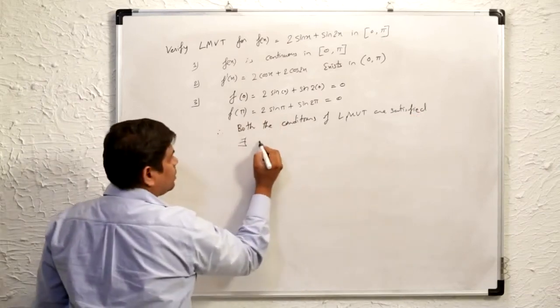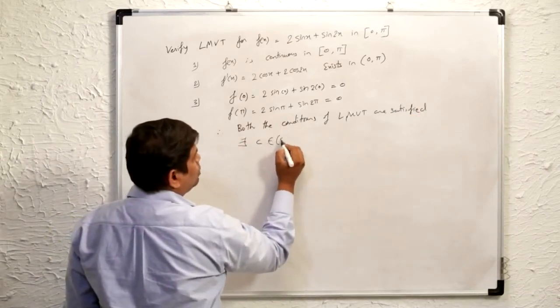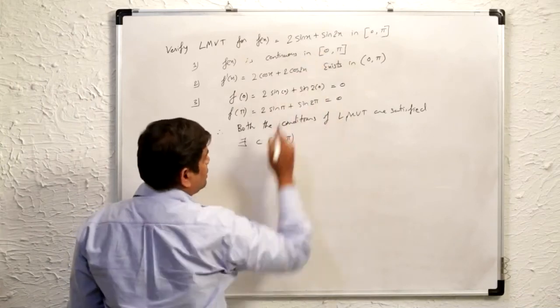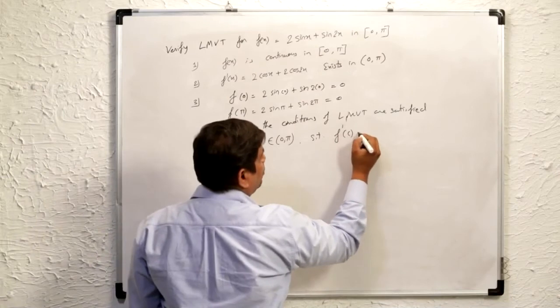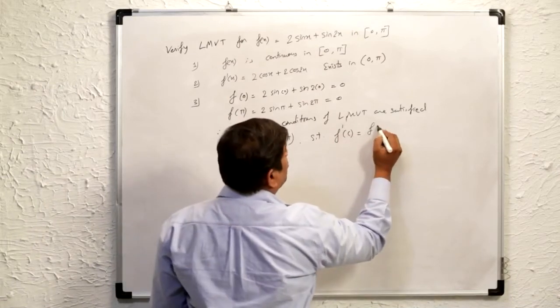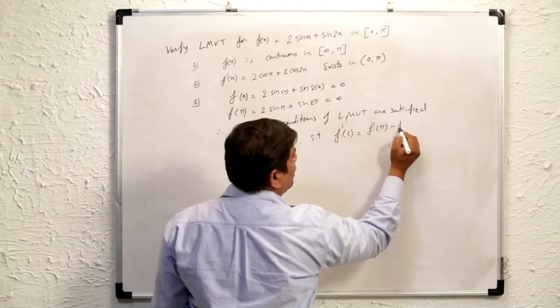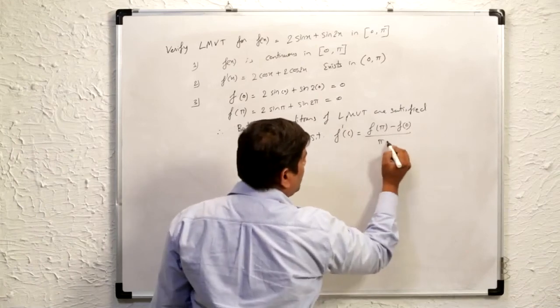There exists C belongs to 0 comma pi such that f dash of C should be equal to f of pi minus f of 0 over pi minus 0.